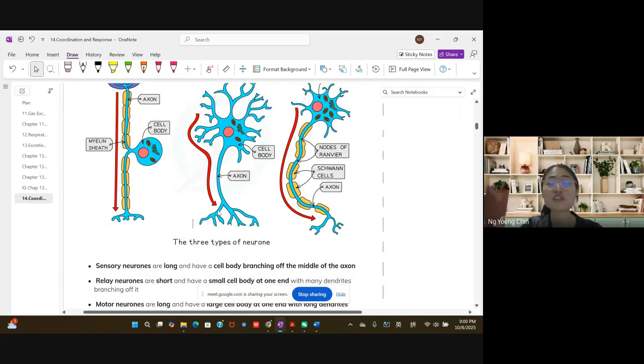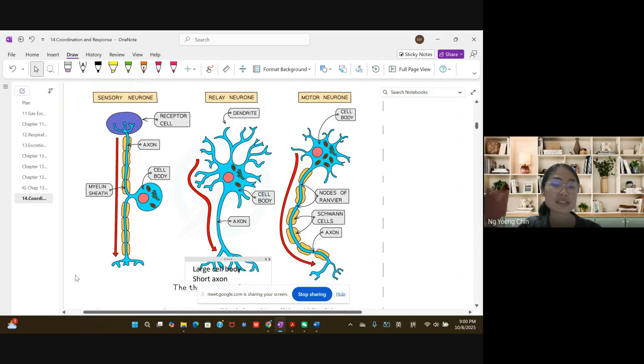This is the feature of the relay neuron. The motor neuron just looks similar to what you learned before, with a cell body.